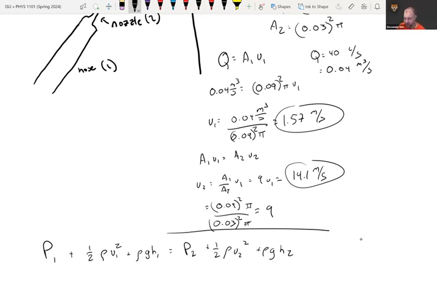Now, the idea here is that when the hose compresses from the wide part to the nozzle, we're going to say that functionally the height hasn't really changed.